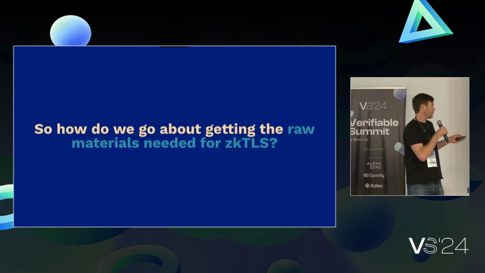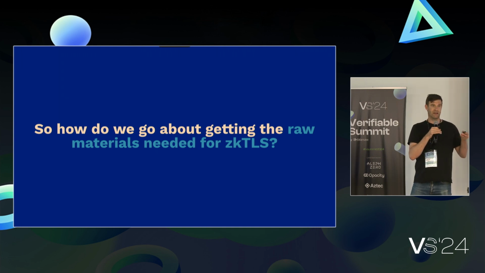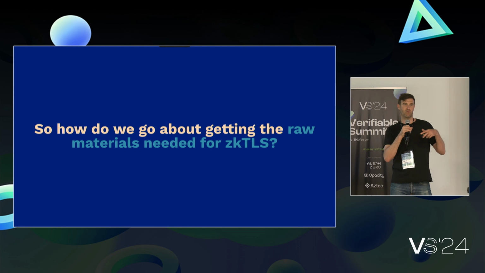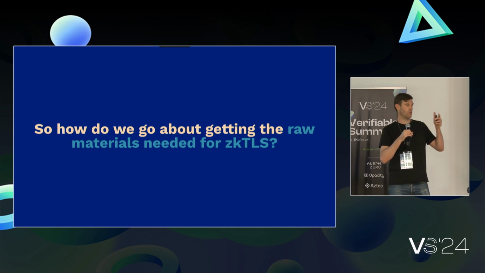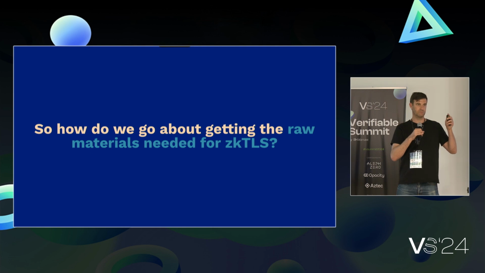So how do we go about getting the raw materials for zkTLS? Like I said, we've got encrypted communication between a client and a server. How do we intercept that? Each server, each application that you interface with will have its own way of formatting that data.